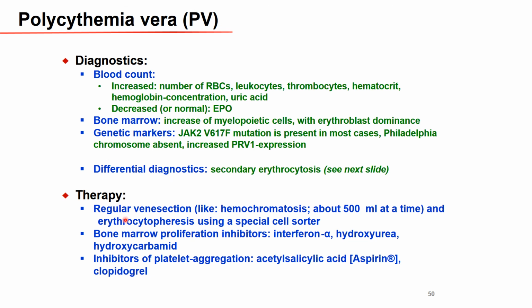And how can we cure it? Basically, if the patient has a huge number of red blood cells, you can use, for example, a little blood withdrawal, and another thing that can develop in this patient is hemochromatosis.